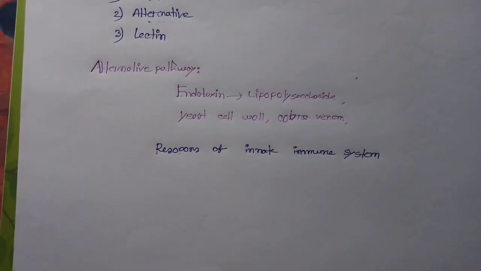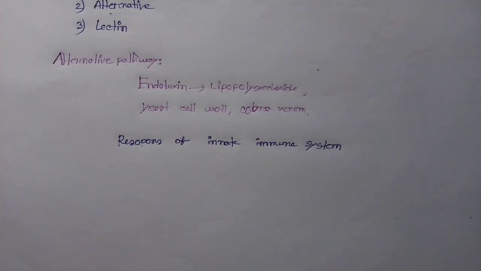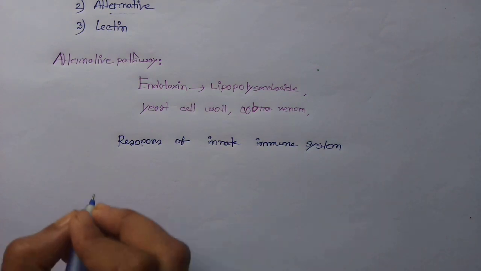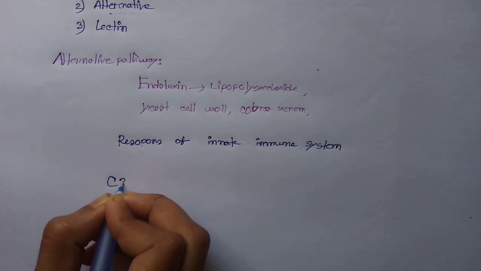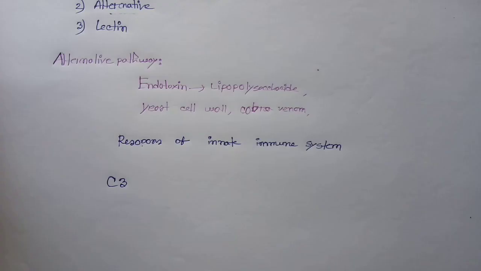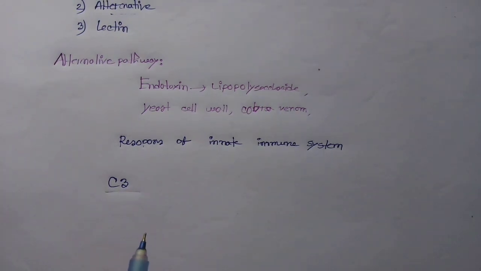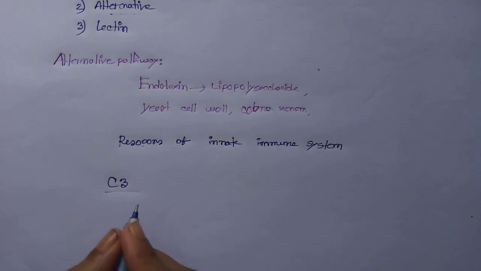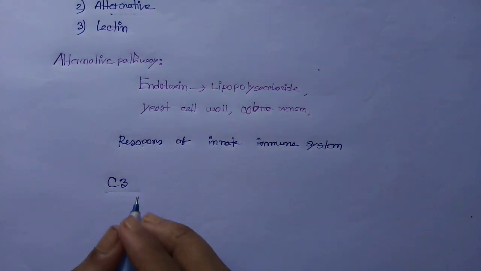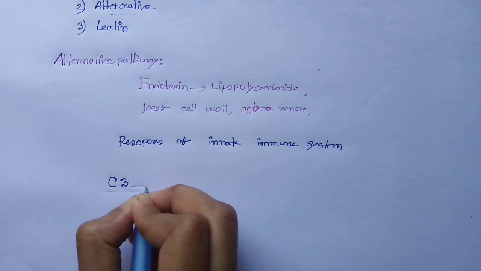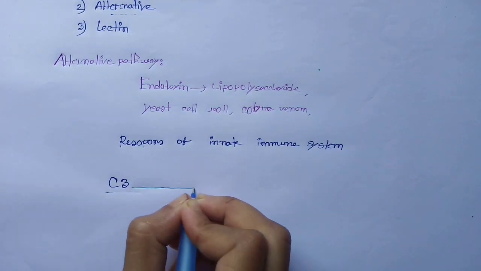The alternative pathway starts from complement protein 3, the most abundant complement protein in the blood. First of all, C3 undergoes spontaneous hydrolysis in plasma.